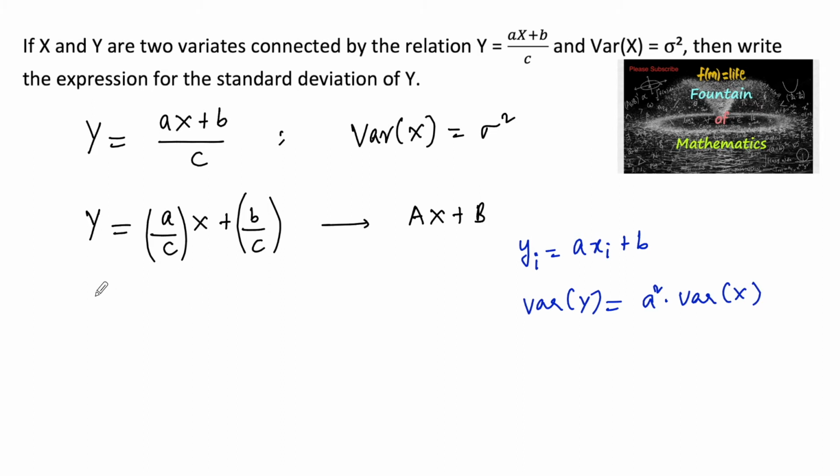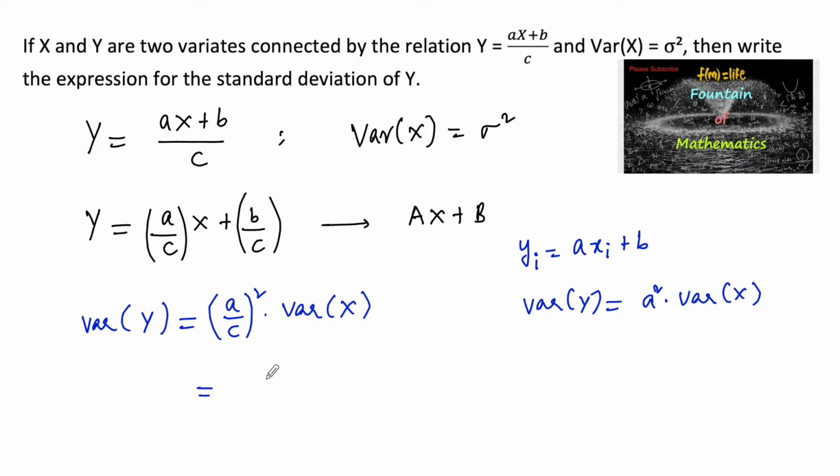So here the variable y is connected with x in such a way that the coefficient of x is a upon c. So we can write the variance of y is equal to a square, that is the coefficient of x whole square, that is a by c whole square into variance of the variable x.